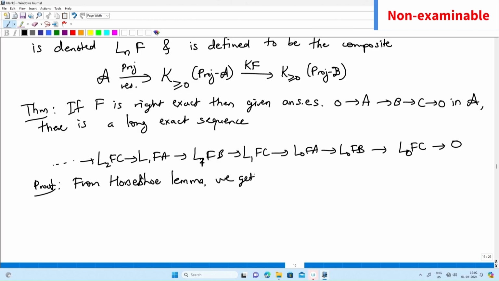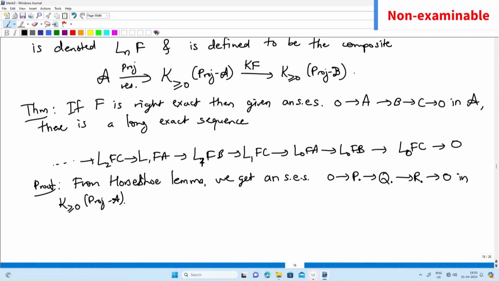We get an SES 0 P dot, Q dot, R dot in k greater than or equal to 0, proj A. Okay, if f is right exact, then actually it will preserve that 0. If f is not right exact, then there won't be any last 0. Last, what is missing? It is defined to be the composite over near the top.